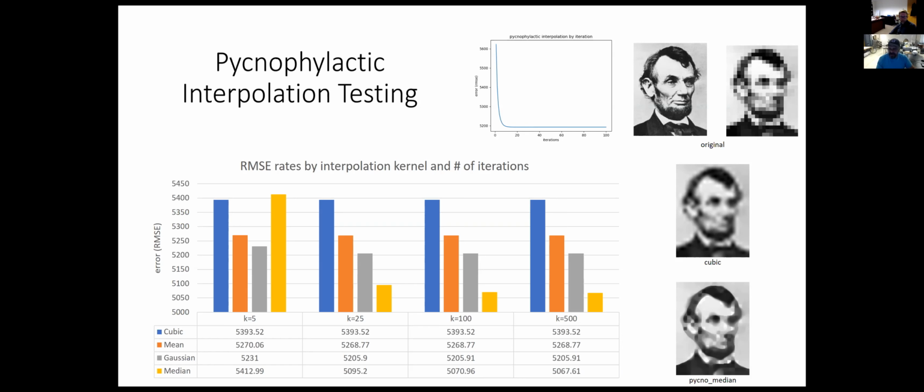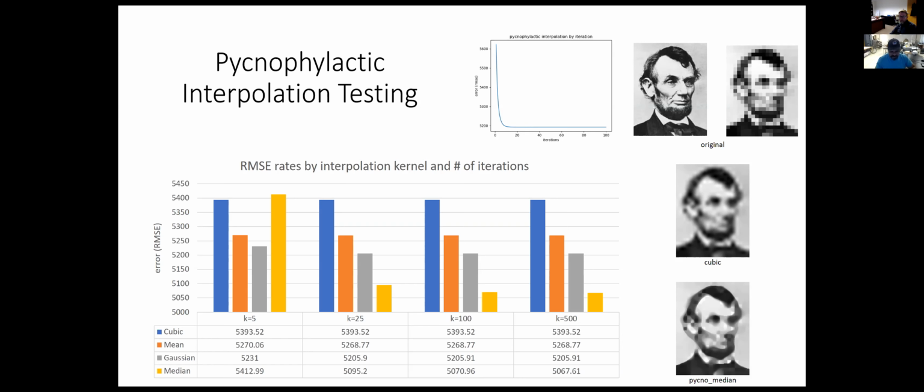Not significantly, right? If you look at the mean, after 5 iterations we've gone from 5,270 to 5,268, and essentially it flatlines at that point. The Gaussian goes from 5,231 to 5,205, and that's about where it flatlines.